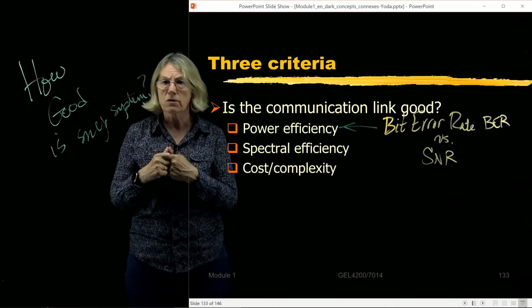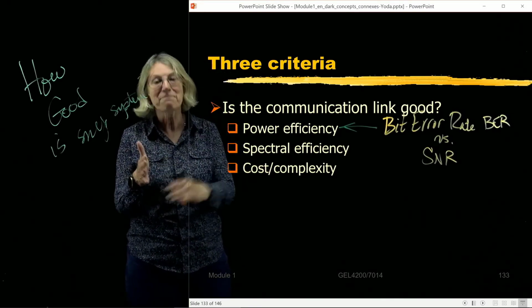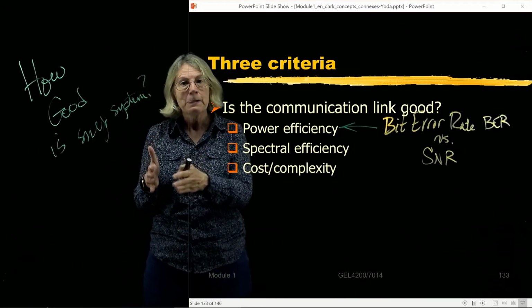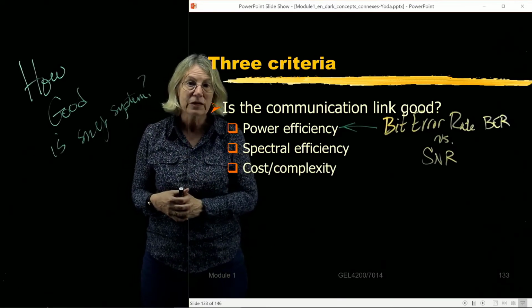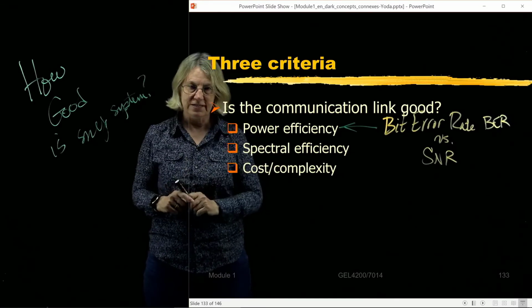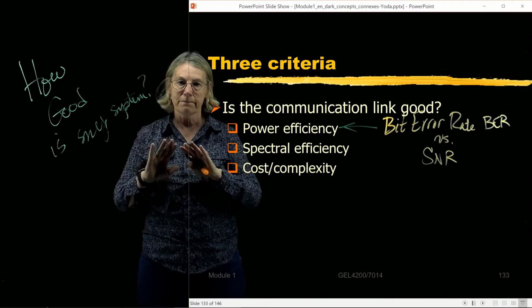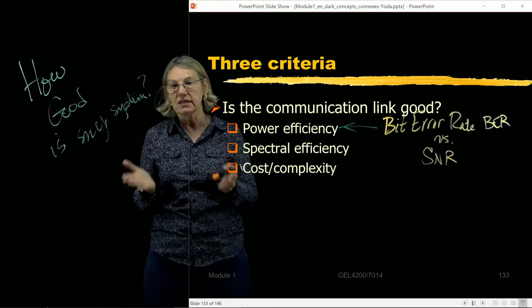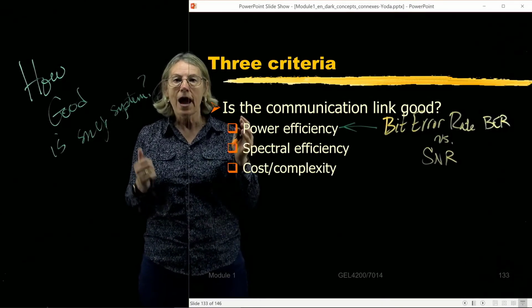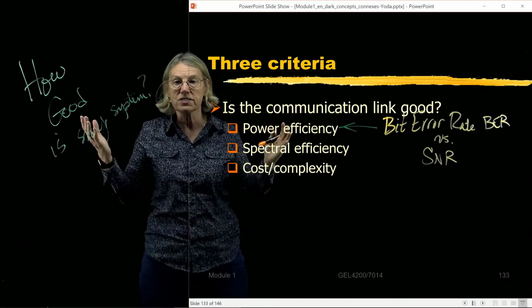So once I've paid so expensive a price for a band of frequency, I want to put as many clients, as many cell phone users as I can in that given allocation of frequency. So that means I want to be very spectrally efficient. For a given frequency bandwidth, how many bits of information can I shove through? How many clients can I support?